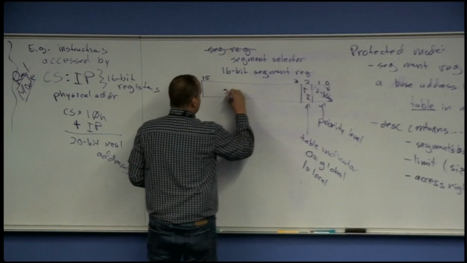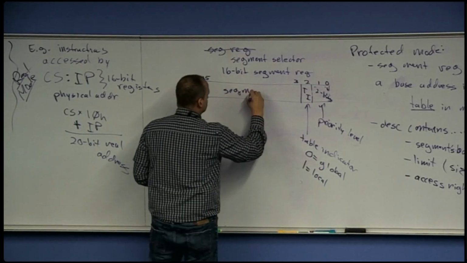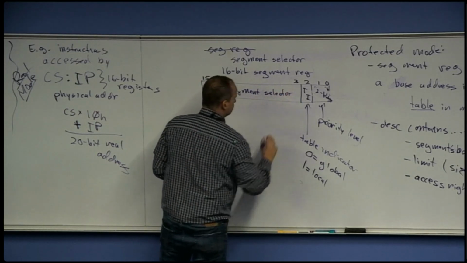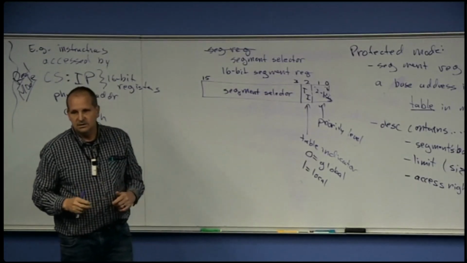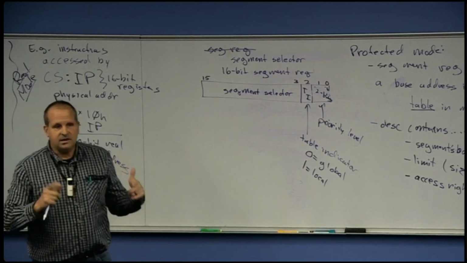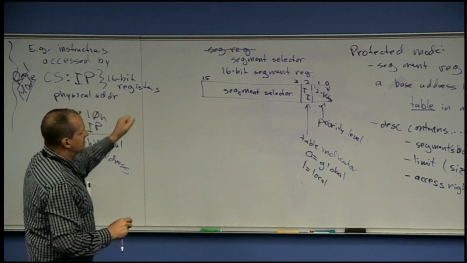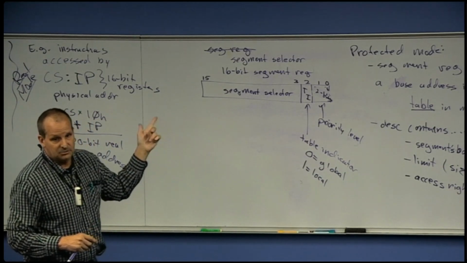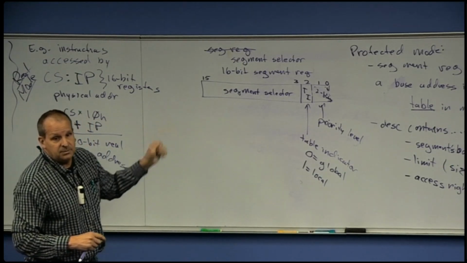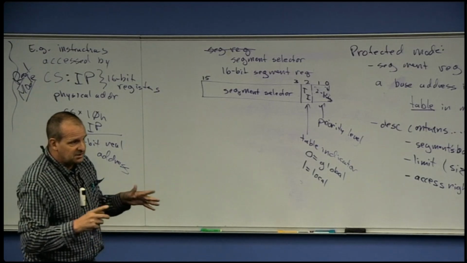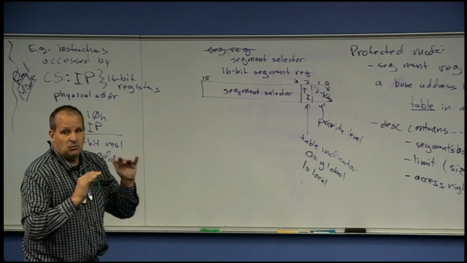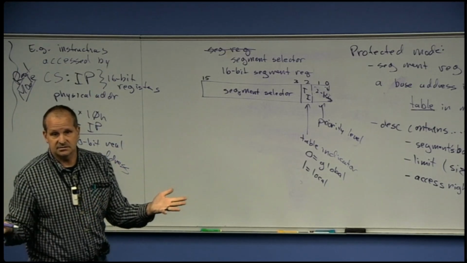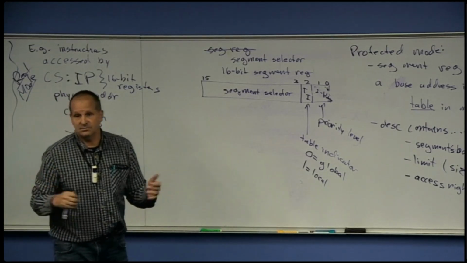This is the segment selector. Do you see that the segment selector says which segment, the table indicator says which table? Those two pieces of information specify exactly where to go to get the descriptor.